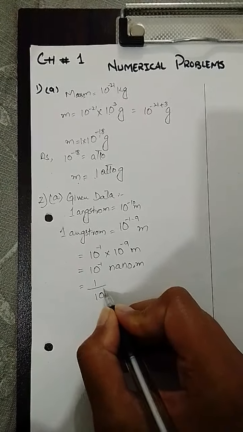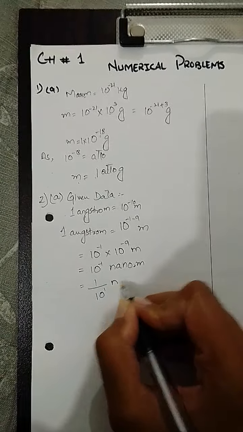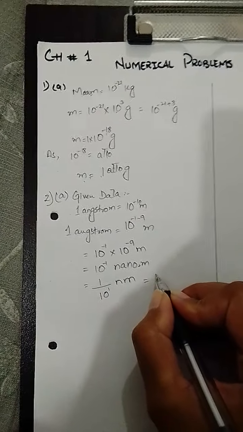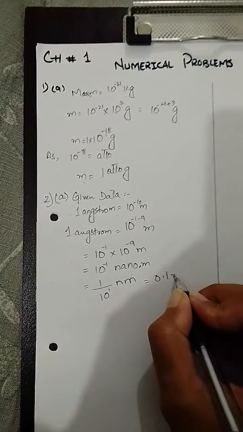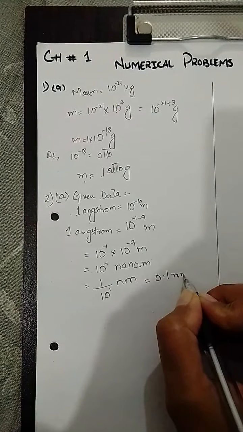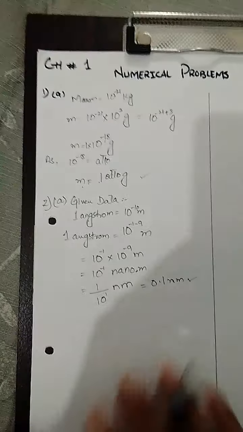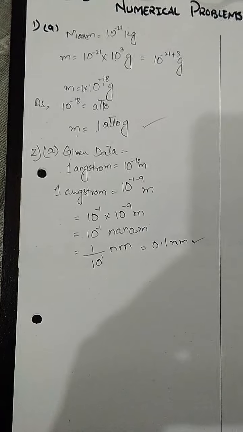So it becomes 10 to the power 1 nanometer, where n is the symbol of nano, right? So 1 divided by 10 would definitely give us 0.1 nanometer. This is your required answer. You have to do the rest of the parts, part B and part C, by yourself. If you face any problem solving these questions, then do let me know.